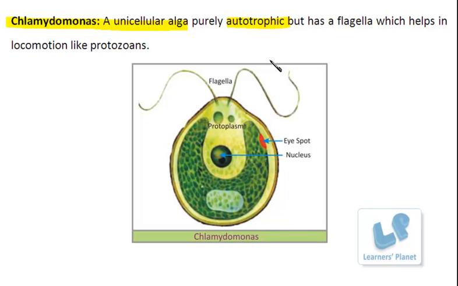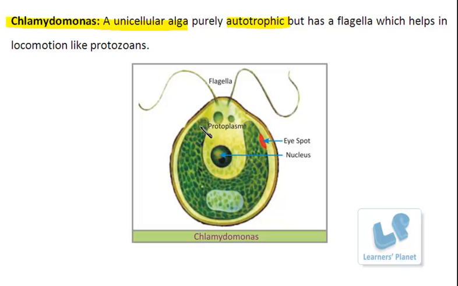See, when food material is available, it uses that food for its own nutrition. But in the lack of food material, it synthesizes the food for itself. That means it is both autotrophic as well as heterotrophic. Now, in the case of Chlamydomonas, it is completely autotrophic. It has to synthesize its own food.